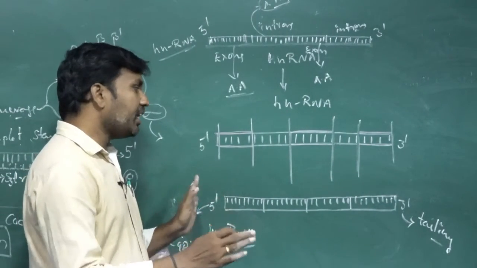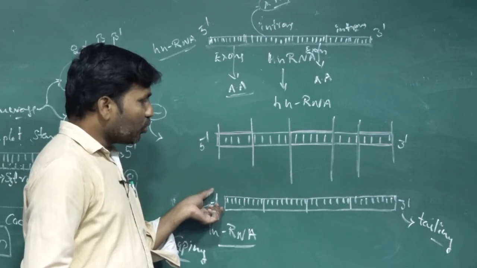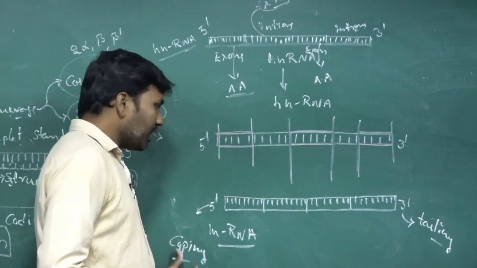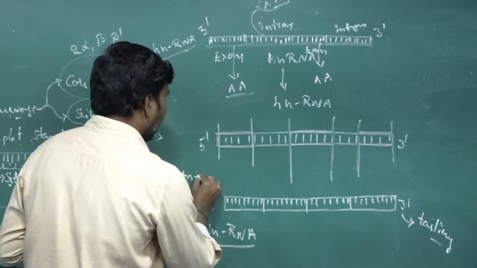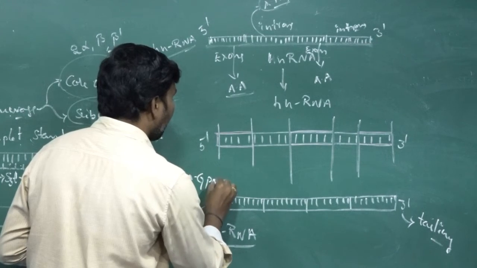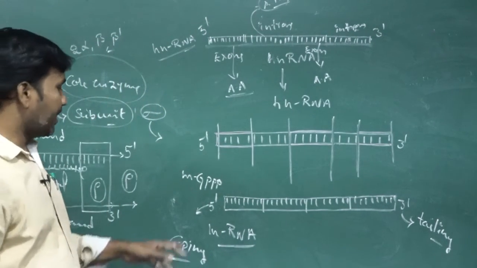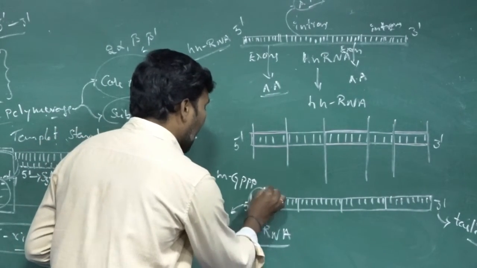So, to prevent damage at both ends, the transcriptional unit is processed into the mRNA. At the 5' end, methylated guanine triphosphate is added. So it is called 5' capping.